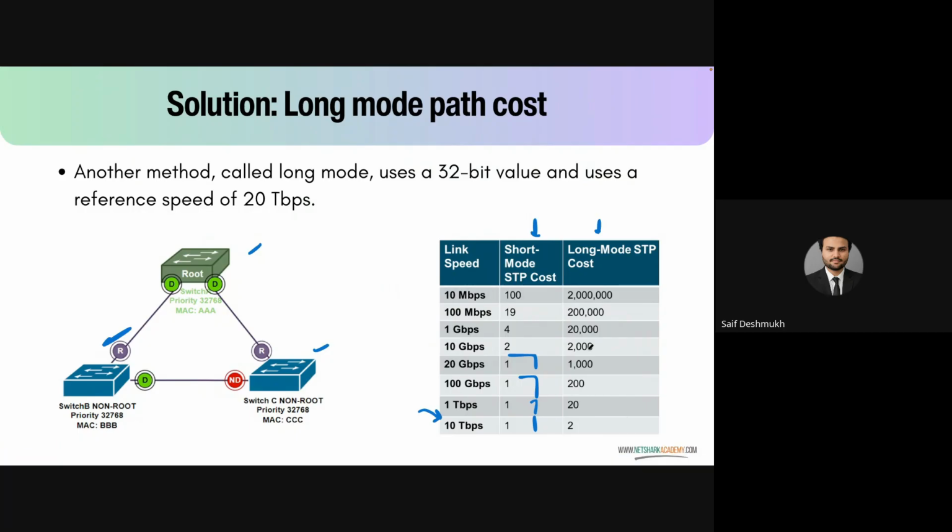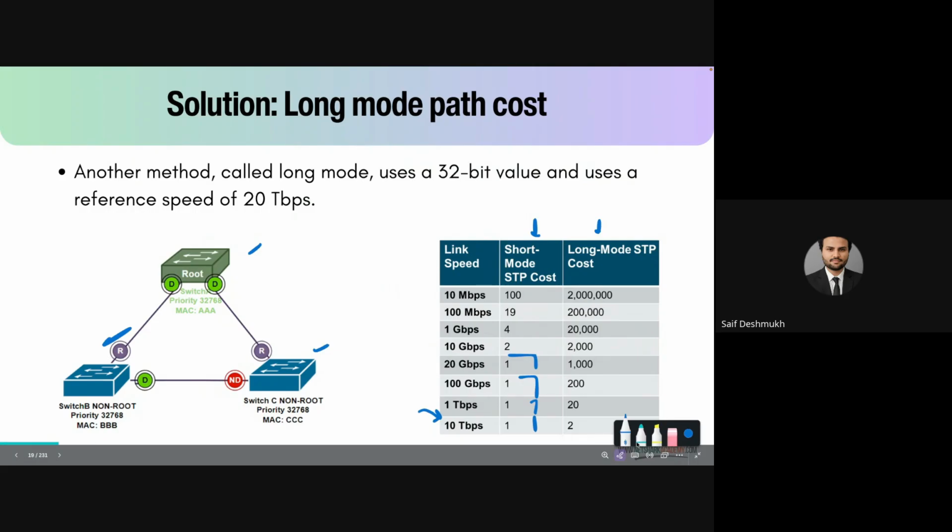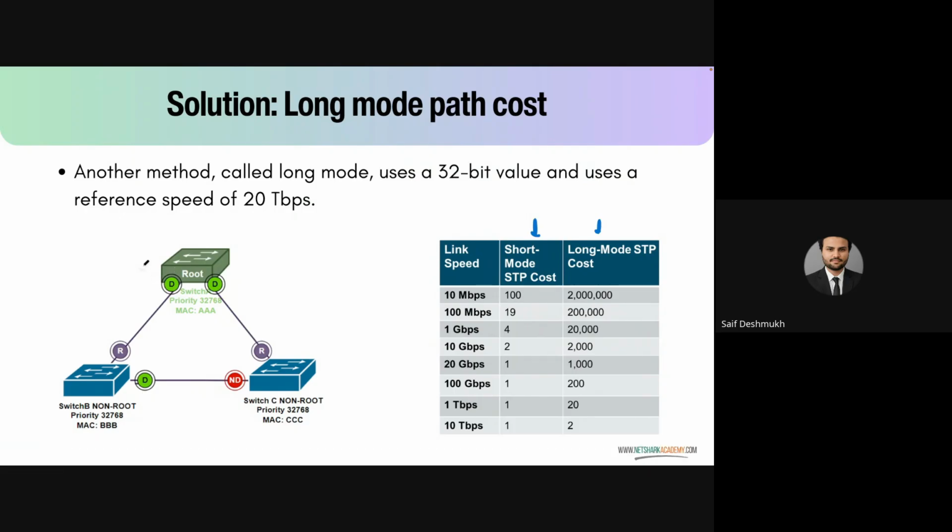So how does it actually work? We understood that the root was sending its BPDU. There is a local ID, and there is who the root is, its own ID as well.